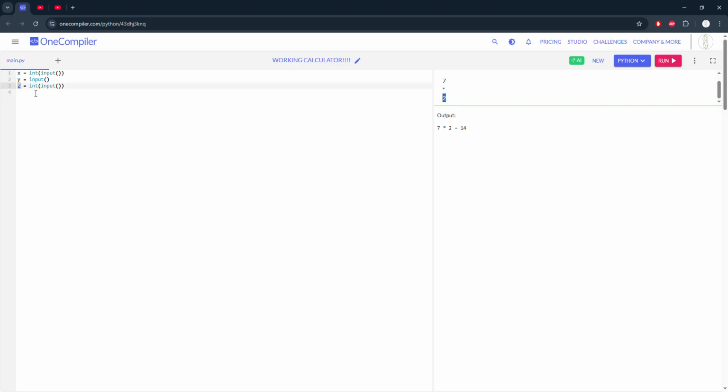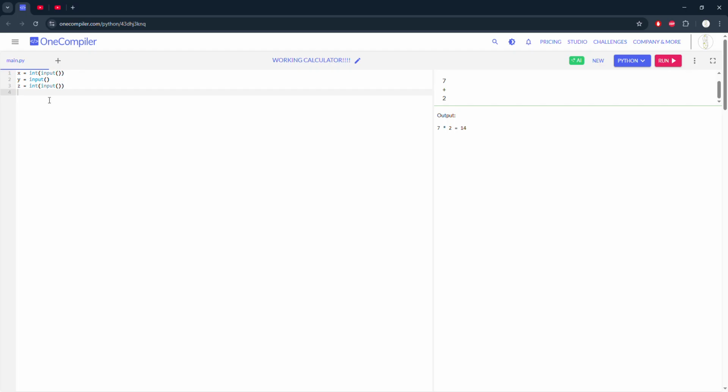And this is going to be the sign. So this calculator is pretty basic. It can do only multiplication, division, minus, and plus.